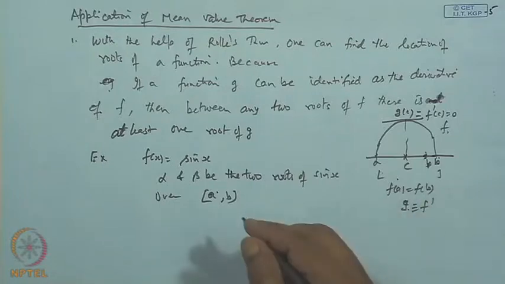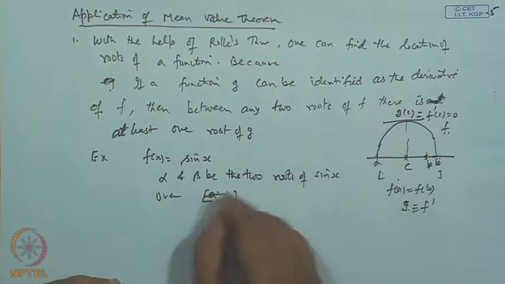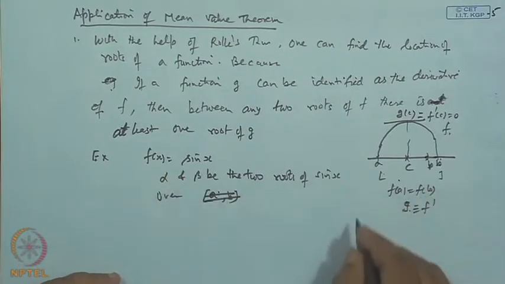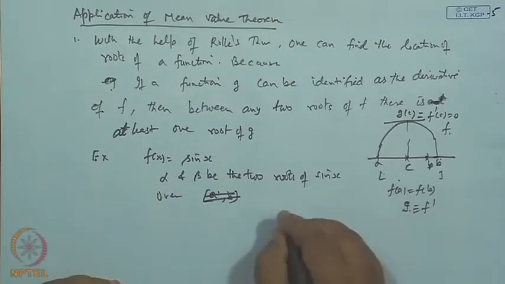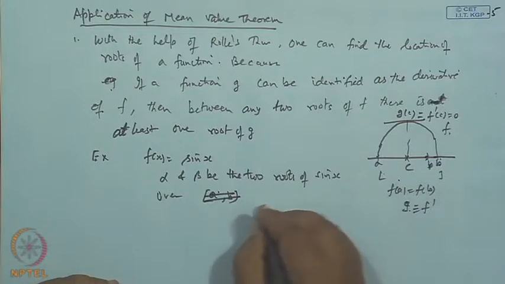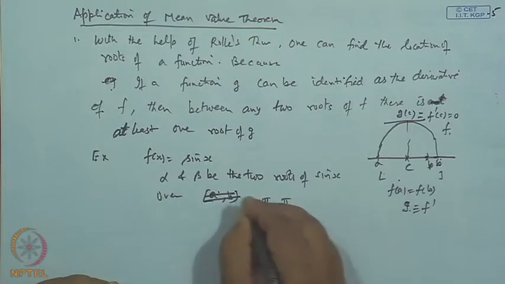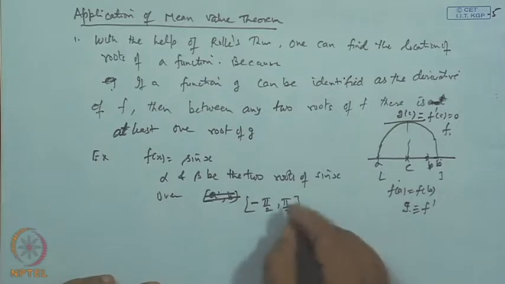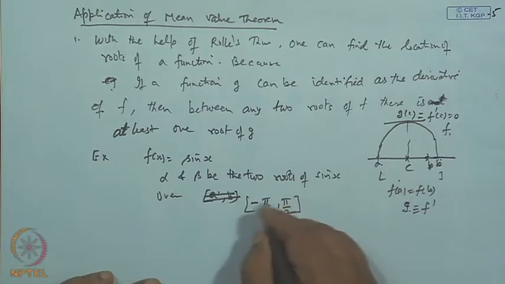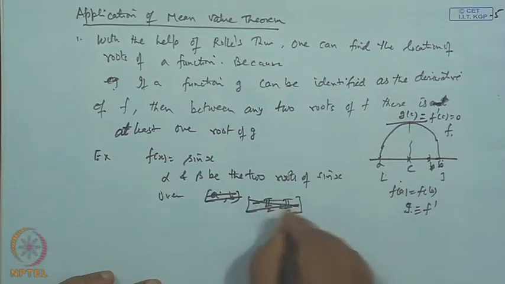Let us take the exact roots, because sin 0 is 0 and sin pi is 0. Over the interval minus pi by 2 to pi by 2, it will not help, because one end will be 0 and the other will not, so do not take it.